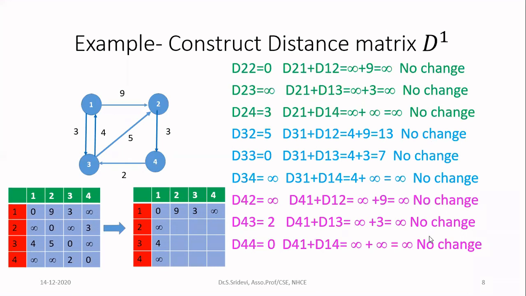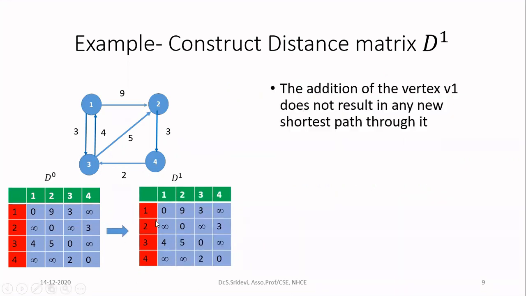So when there is no improvement, I simply copy all the values from the previous matrix. Whatever is the value in the previous 9 cells, I have copied them, because I didn't find any improvement when I include the vertex V1.